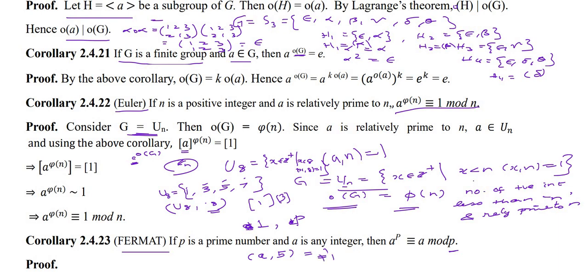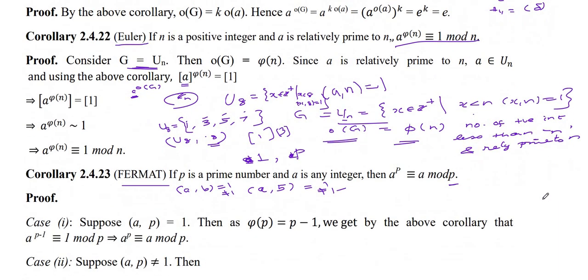You need not even have a prime number. Even if you consider any two integers, they can be relatively prime or they are not. So in particular here, a prime number and an integer, they must be either relatively prime or not. We will consider the cases.